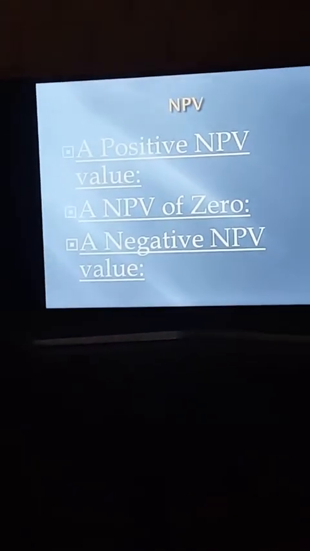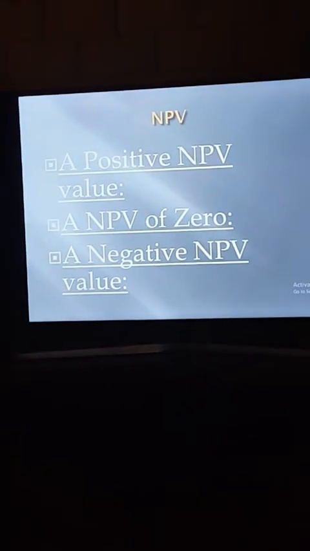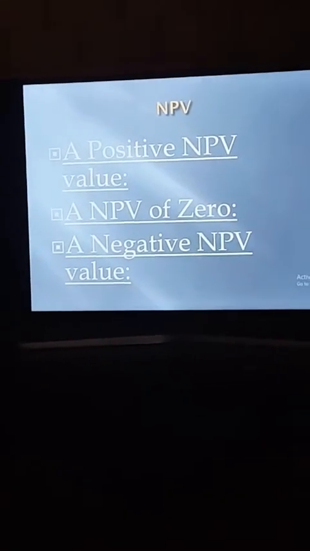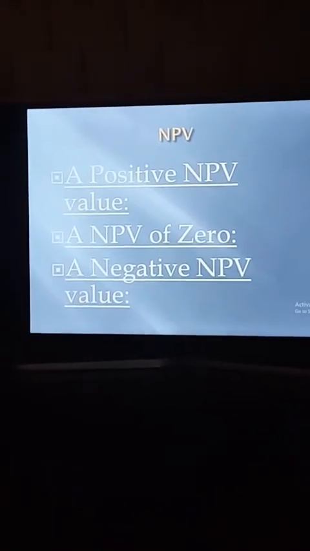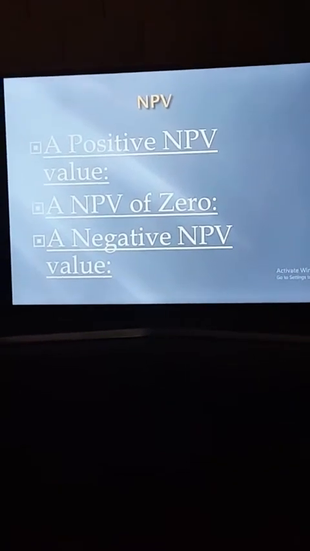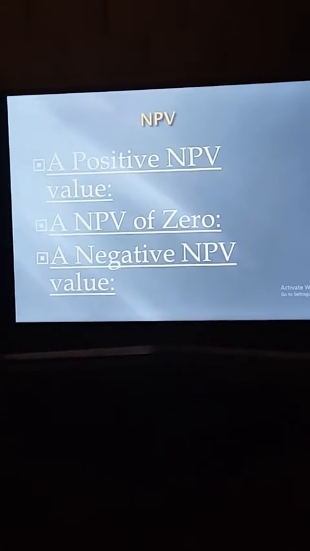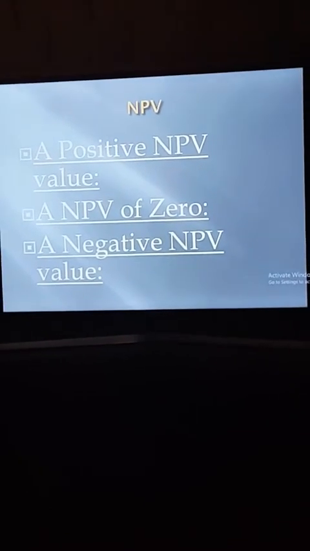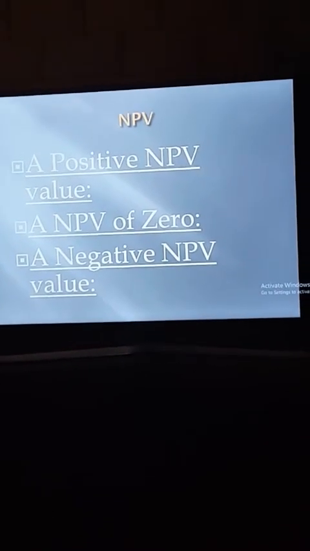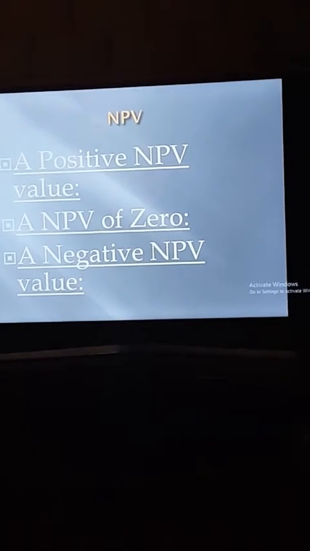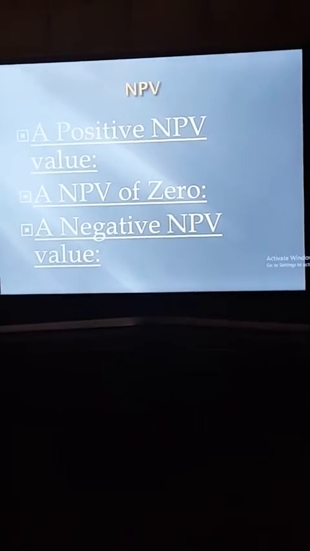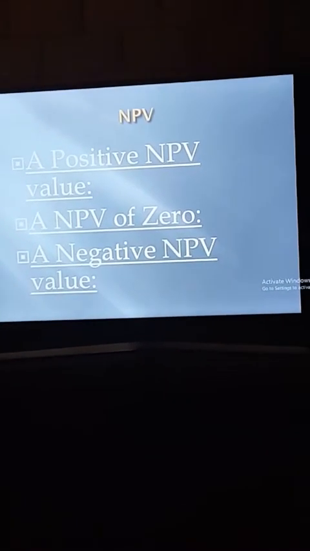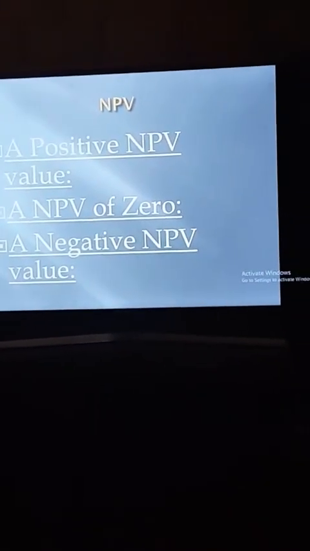It promises a greater rate of return than the investment we put in. A net present value of 0 is also acceptable because we're not losing anything. It doesn't harm the company.